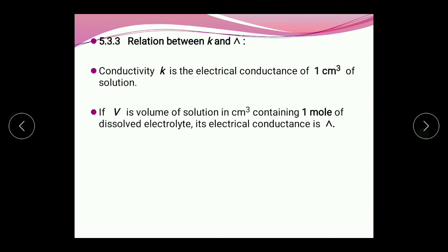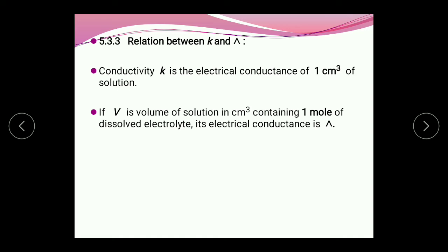Now, lambda. Suppose V is the volume of solution in cubic centimeter, and it contains 1 mole of dissolved electrolyte. Then its electrical conductance will be lambda, because lambda is the electrical conductance of 1 mole of electrolyte.